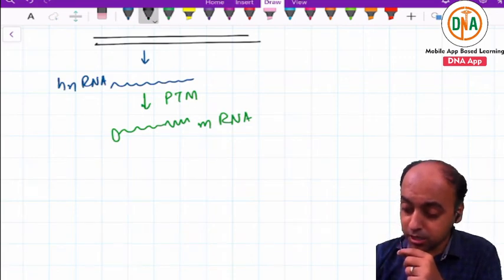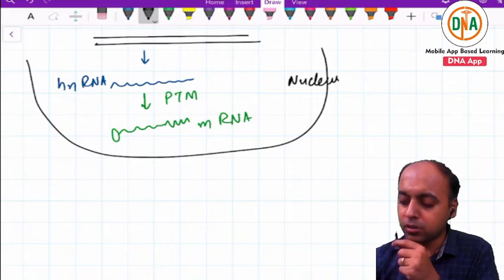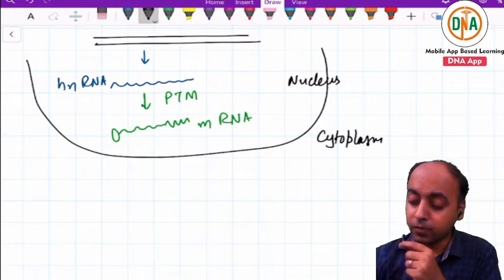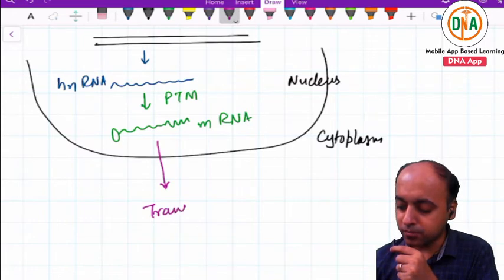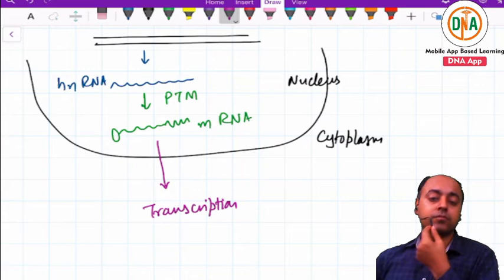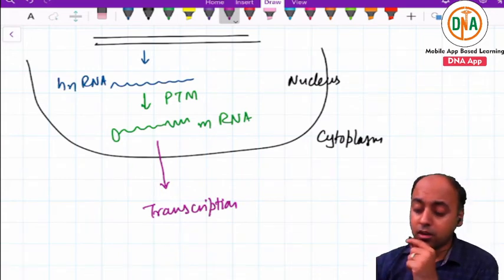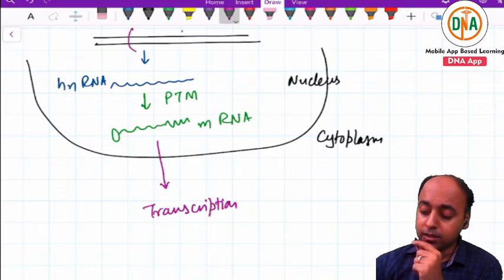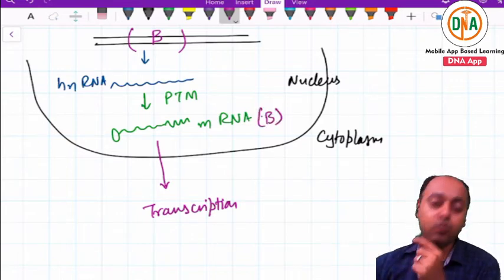This messenger RNA will go out from the nucleus into the cytoplasm, and in the cytoplasm it will undergo translation. Alright, let's talk about the gene for ApoB. Let's say this is the gene for ApoB. So we get the messenger RNA for ApoB.